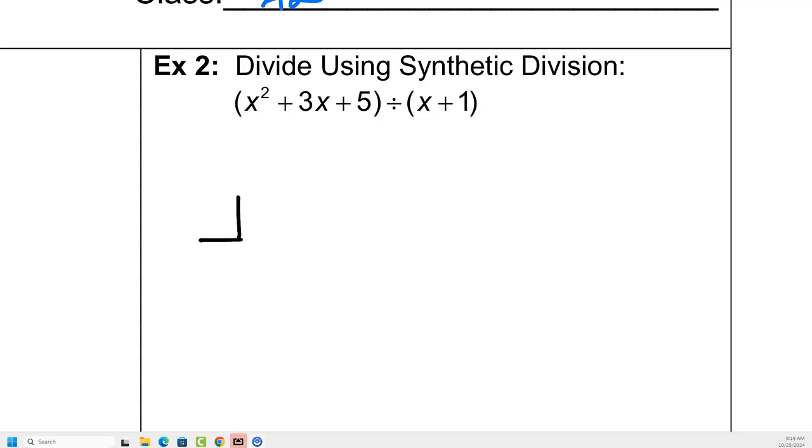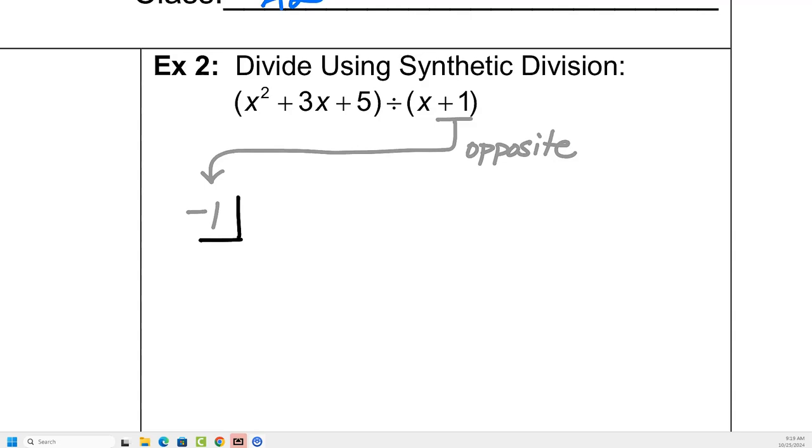You take this, see how you have x plus 1 here? You're going to take the opposite of that number, and you're going to put it here. I'll tell you why opposite in just a second, but let's just trust the process right now. So the opposite of plus 1 would be minus 1. Are we okay with that?